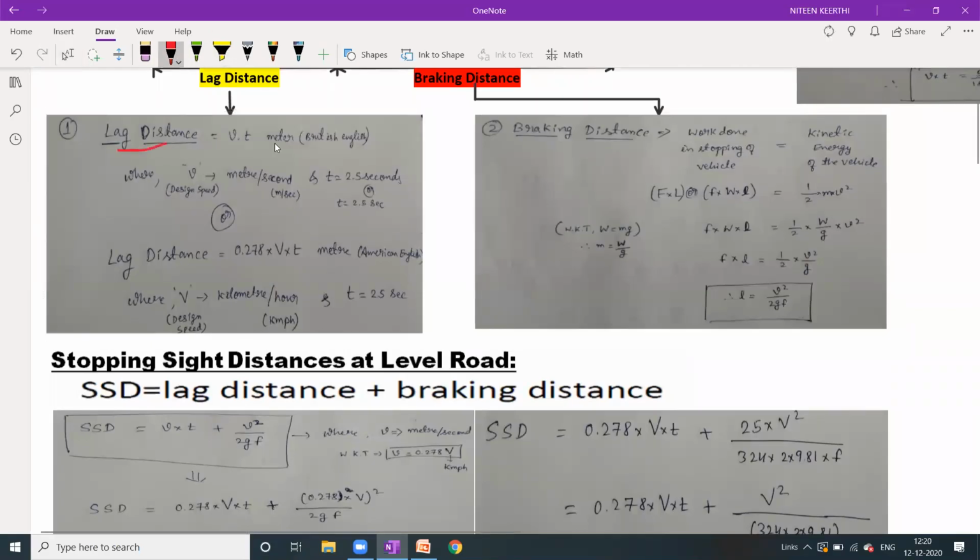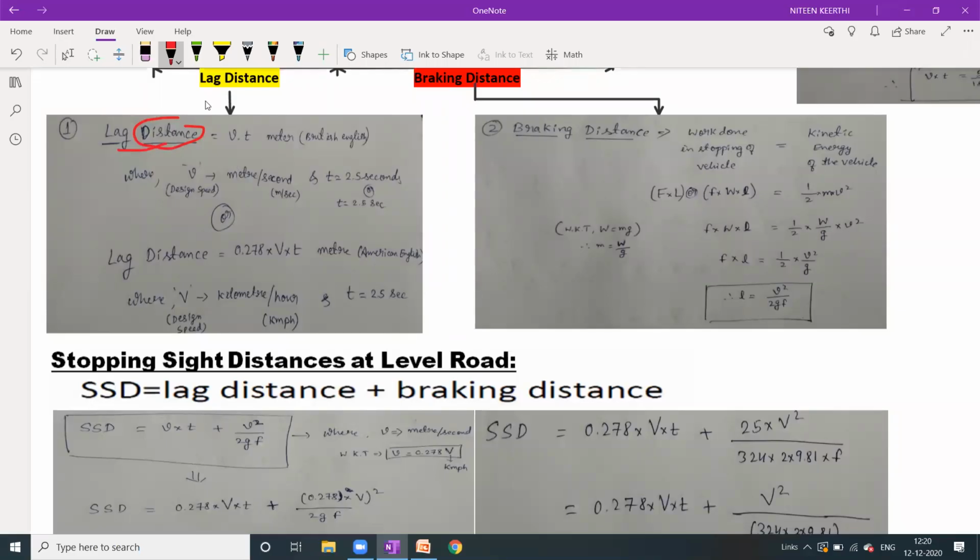Usually, distance means meter, that is m. You know velocity is meter per second, right? So distance is equal to v into t, right? If you do that, then I will get the distance of anything.